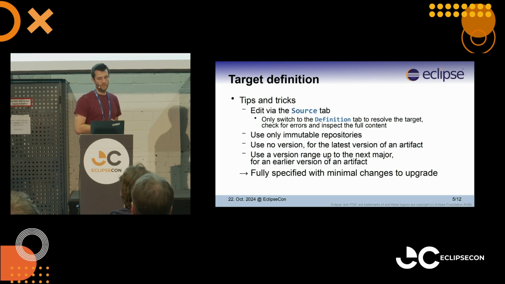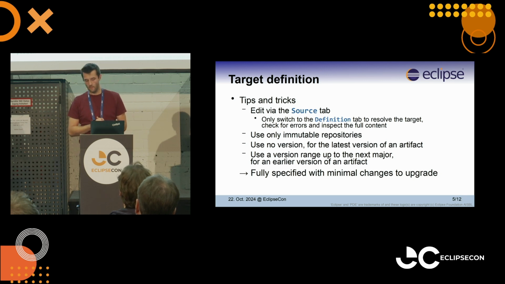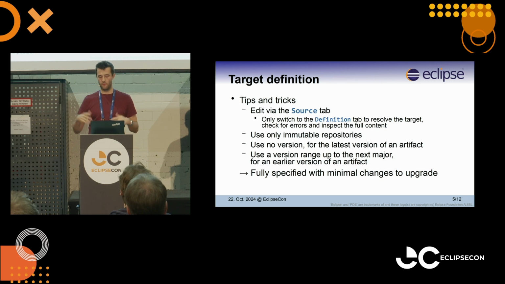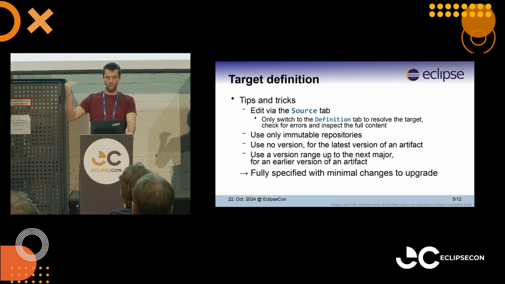Another recommendation from my side is to only use immutable repositories, like for example as shown for the SimRail repository, and to use no version if you want to have the latest version of an artifact, and to use a version range, for example up to the next major or whatever suits your needs, if you want to use an earlier version of an artifact and not the latest version available in the repository you've listed.